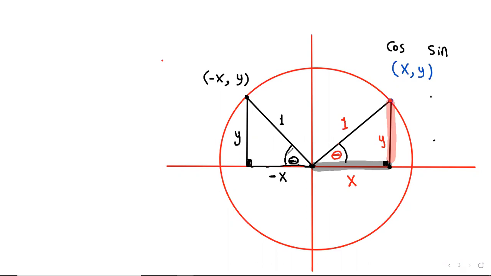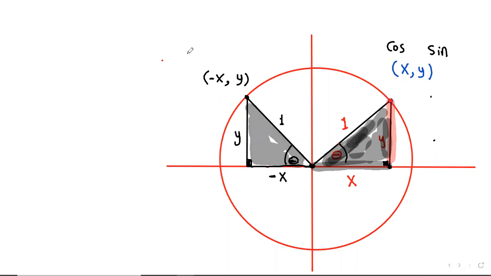So sine and cosine are the same, but the difference between them is the sign. When it comes to congruence of the two triangles, this triangle here is congruent to this triangle here. They are the same.